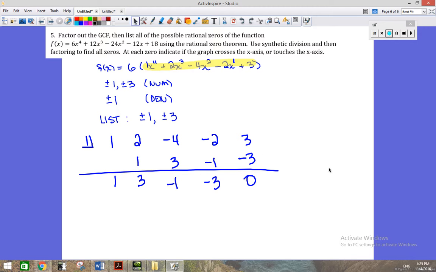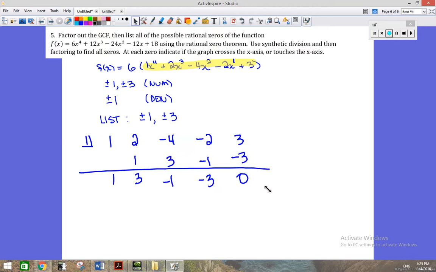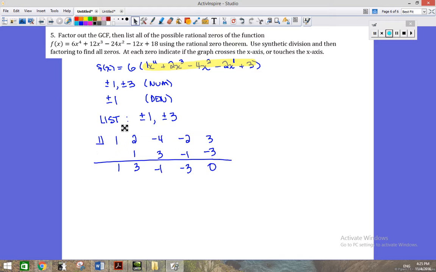Now, I can see with the 1 and 3 and negative 1 and negative 3 that I will be able to factor this by grouping, and I did that in a previous problem. But suppose I don't recognize that, and all that I recognize is that this is now a third degree polynomial. Ignoring the negative sign, it still has the same list.